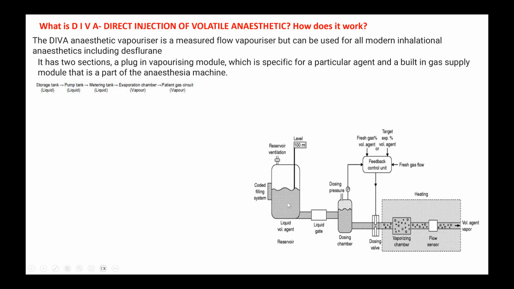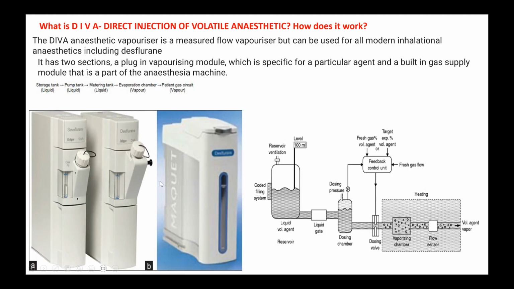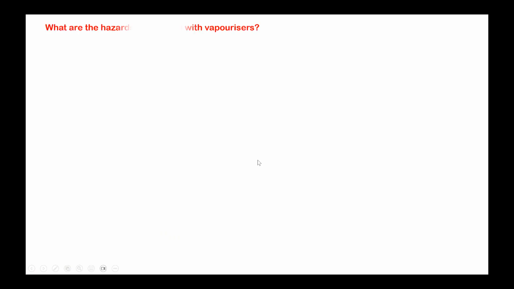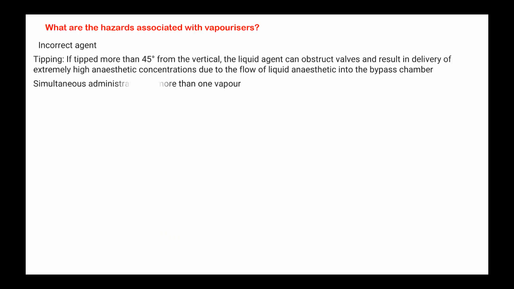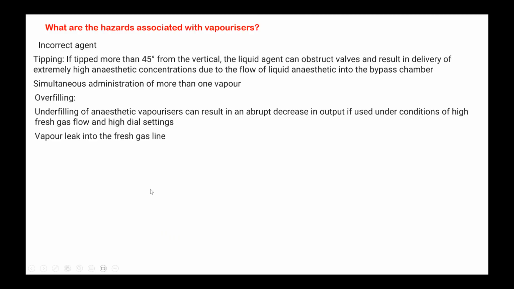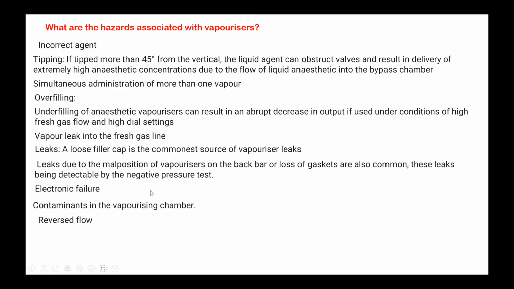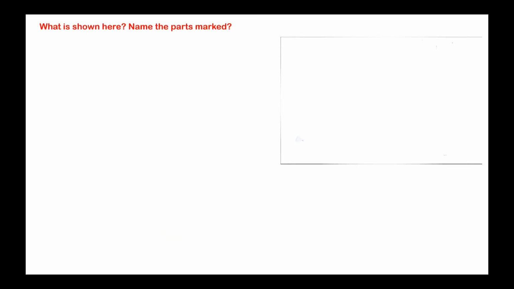So these are all the pictures of how it is used. And this is the unit of DIVA which is being used. The hazards of using vaporizers, of course, we have already seen: overfilling, leak, and other things. Electronic failure in cases where it is an electronic control.